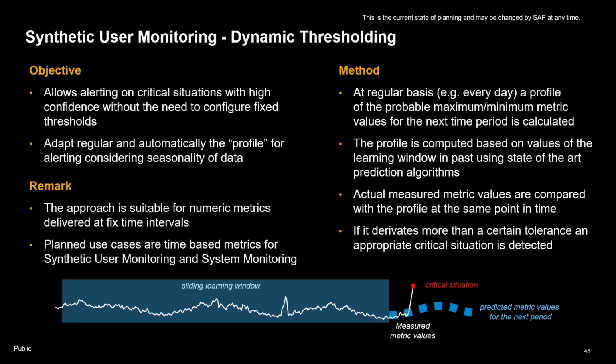So we have a sliding learning window that checks the response times over the past, and we calculate out of this a kind of forecast for the next period in a range, according to this historical behavior. And then we add a buffer on this range, and there we dynamically put thresholds.